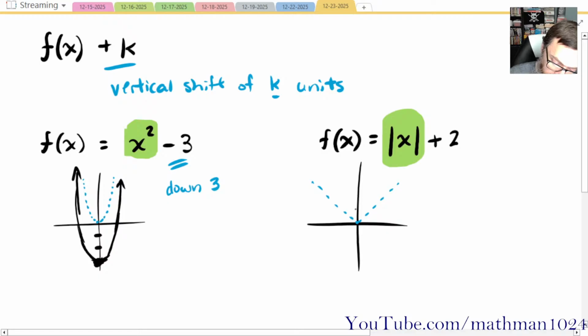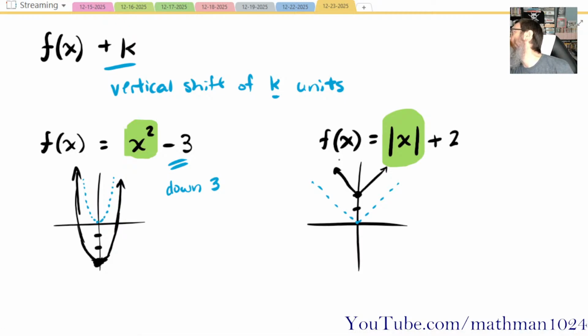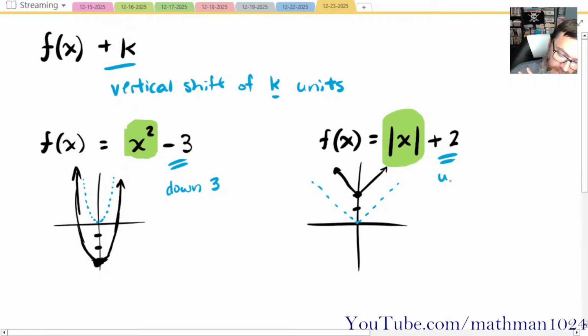But then having the plus 2 is going to shift you up 2 units, and it's going to look like this. So when you have something on the outside, it's just a straight up vertical shift, and you do exactly what you see. So like this guy here means we go up 2 units.